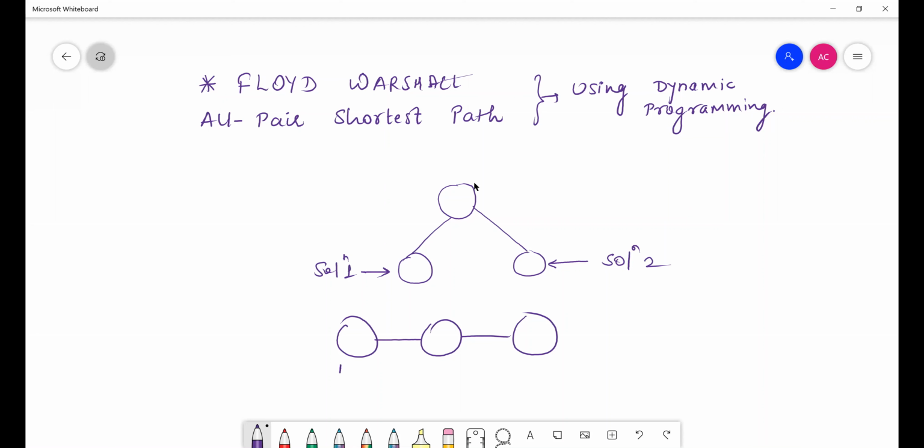So if this is your bigger problem, let's say this is P1, then whatever output P1 will generate, that output will act as an input to P2. P2 solution will be used in some other subproblem.